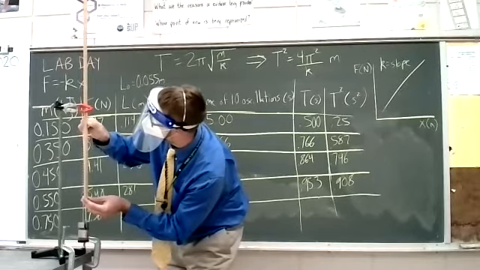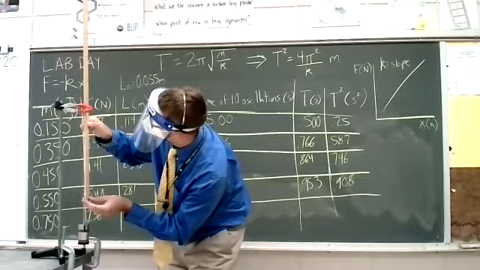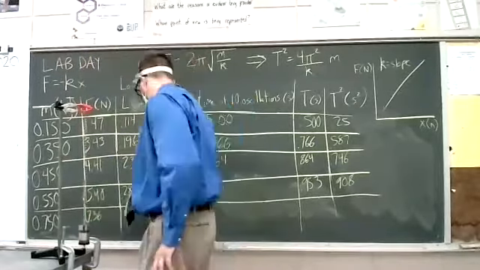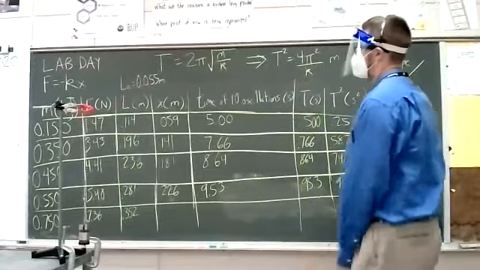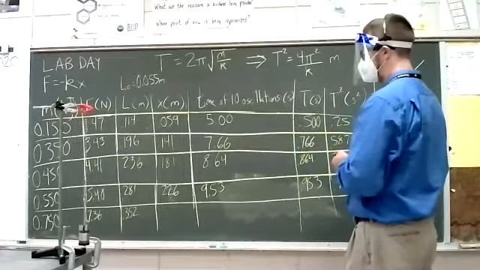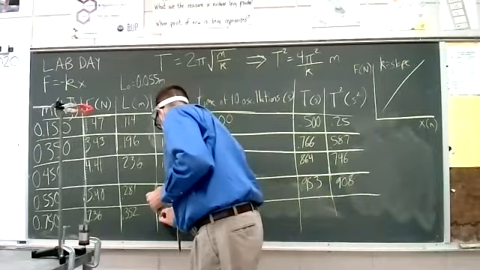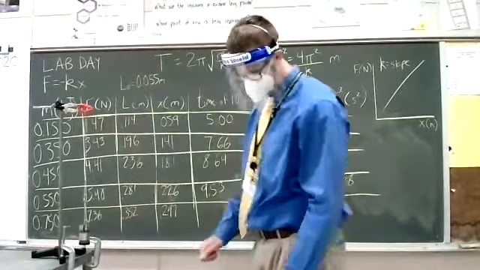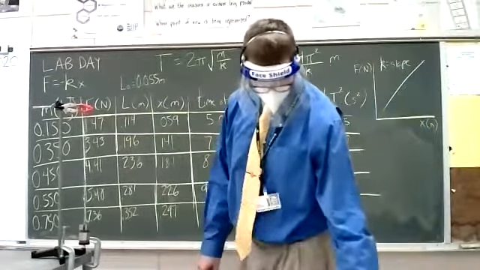So from 2 up to 30, 7.2, is what? 35.2. 0.352. 0.352 minus 0.055 is 0.297. About 30 centimeters of extension from the original length of the spring. Time for 10 oscillations. Here we go.